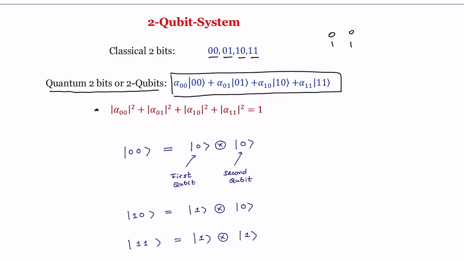This basically means that the quantum state representing this two-qubit system is normalized. And the convention is that in K00, the first K represents the first qubit and the second one represents the second qubit, as we commented in the last class as well.